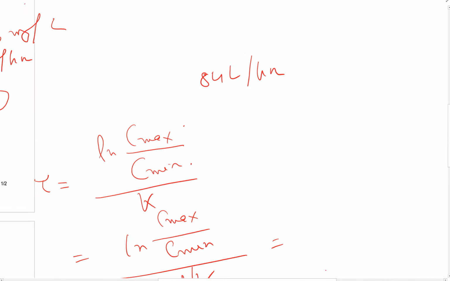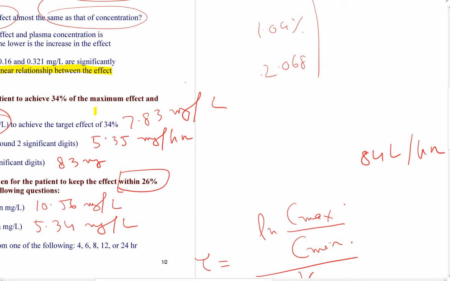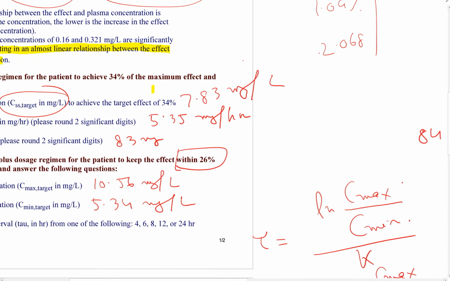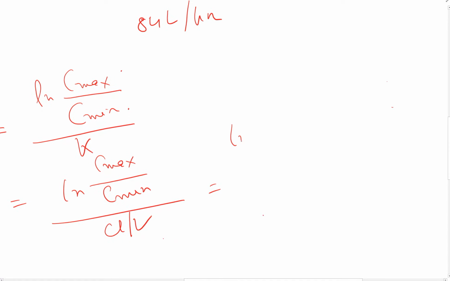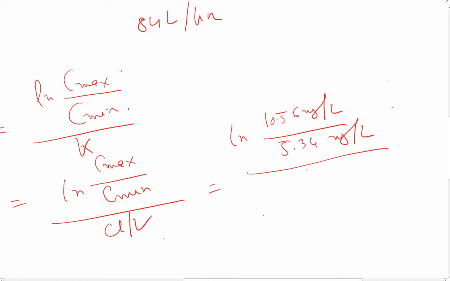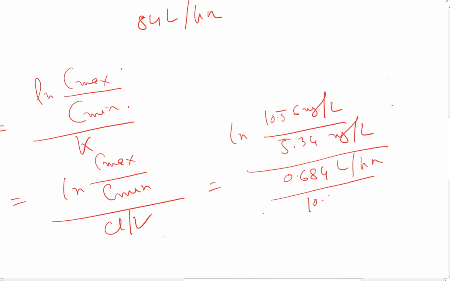Cmax, we know, we have to get this from there. So our Cmax log 10.56 milligram per liter divided by 5.34 milligram per liter divided by 0.684 liter per hour and 10.6 liter.